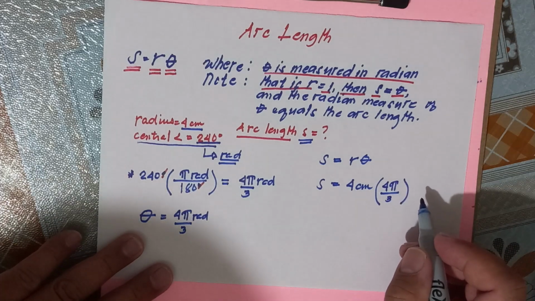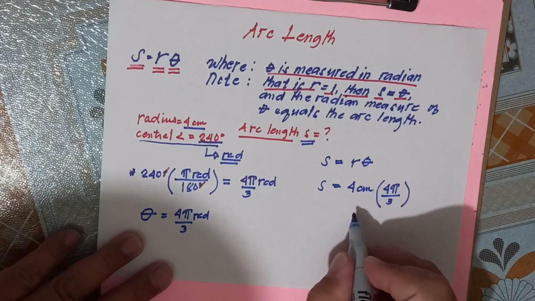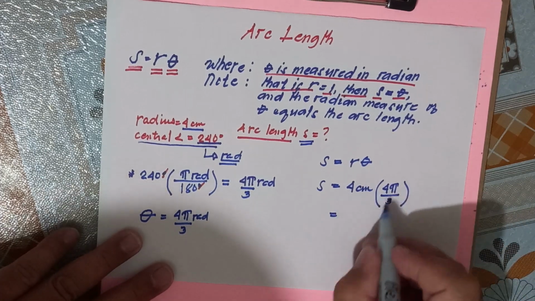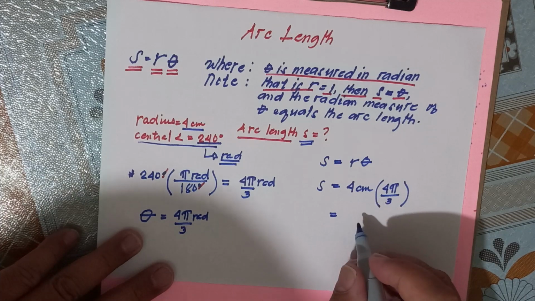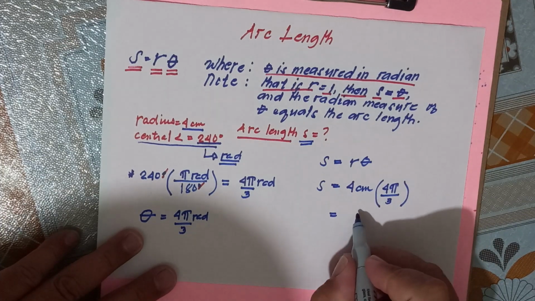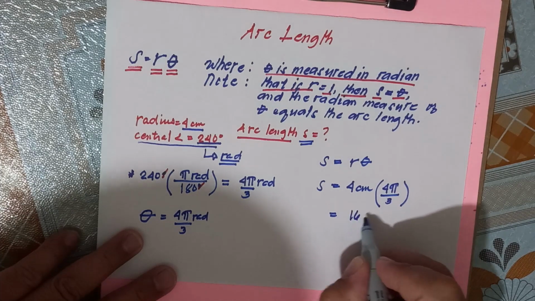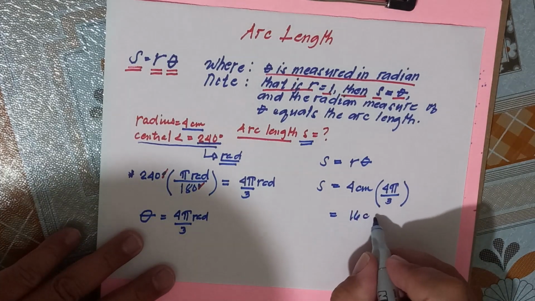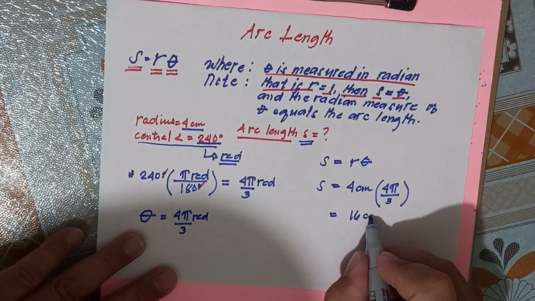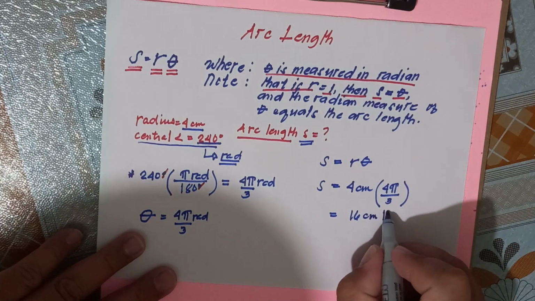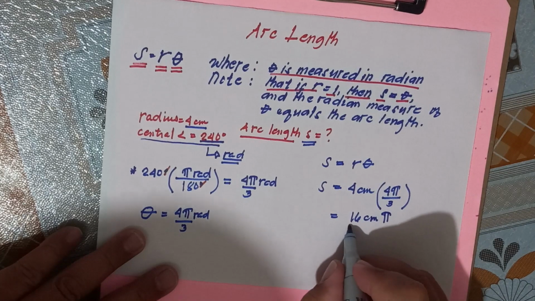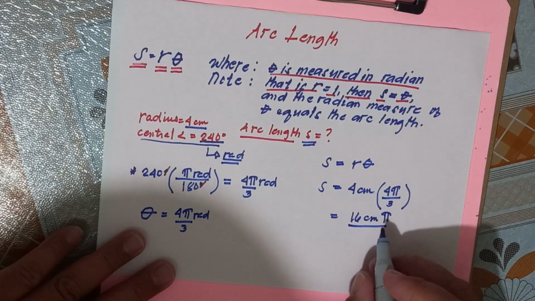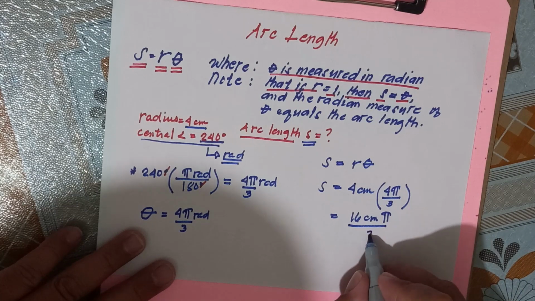If you multiply this, 4 multiplied by 4 will give you 16 centimeter pi divided by 3.